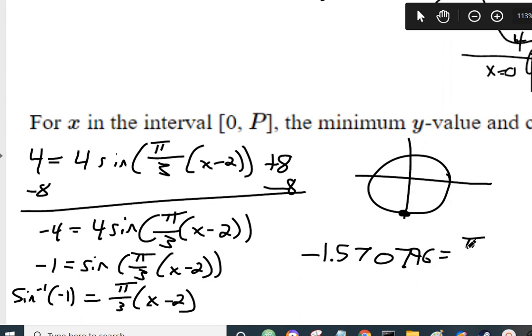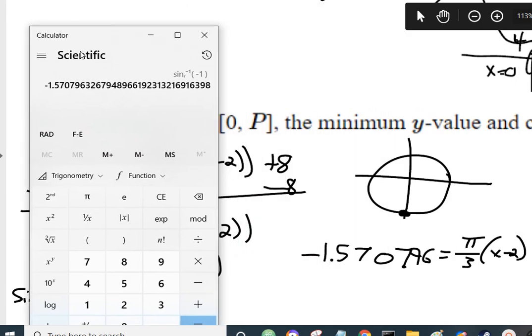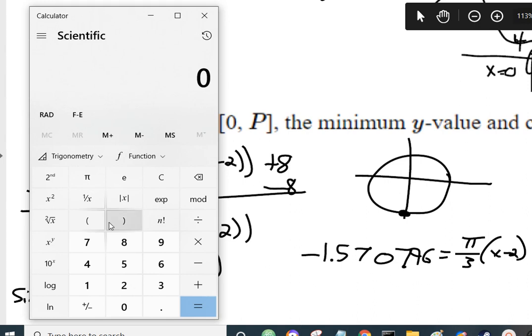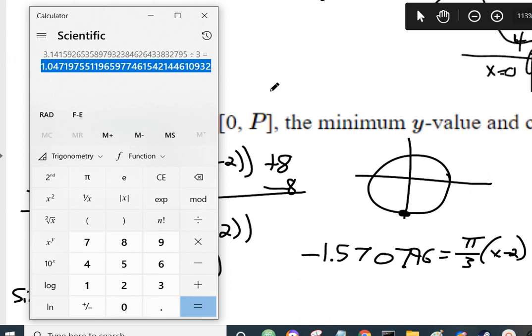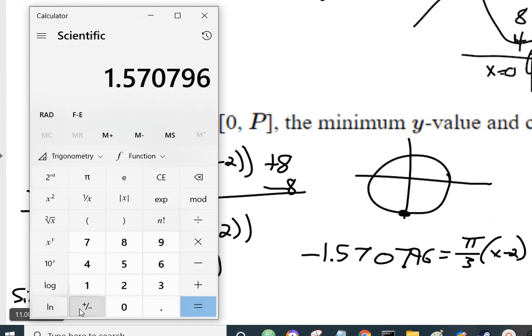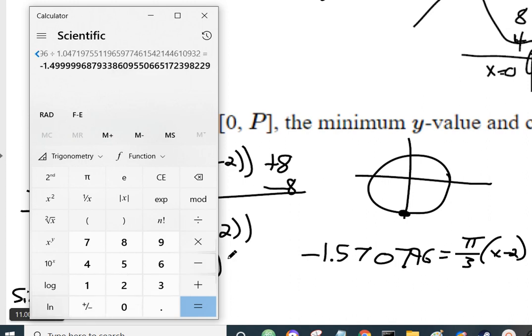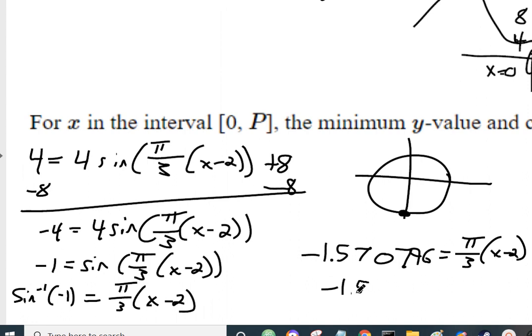That's roughly what the calculator gave me. Okay, and so now since I'm in decimal land, I'm going to take pi, divide by 3. I'm going to copy that. And I want to divide negative 1.570796 by the pi over 3 that I have. So it's negative 1.5.